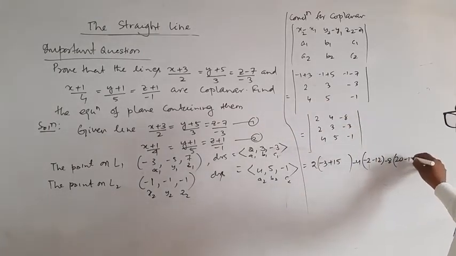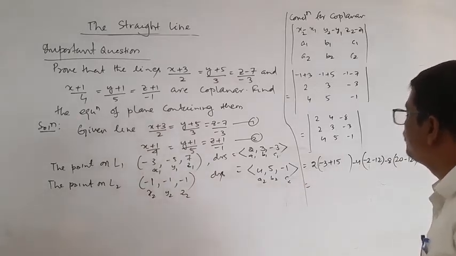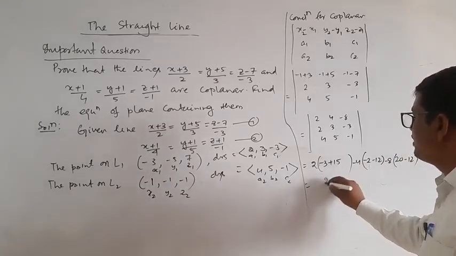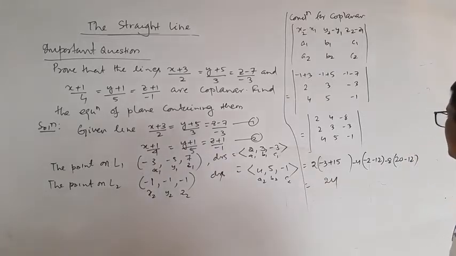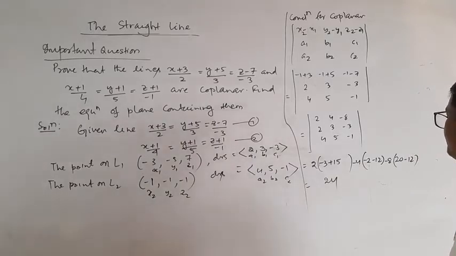20 minus 12. So this is one, that is what? 12 into 2, 24, and this is 14. 14 into 4, that is what? 56.